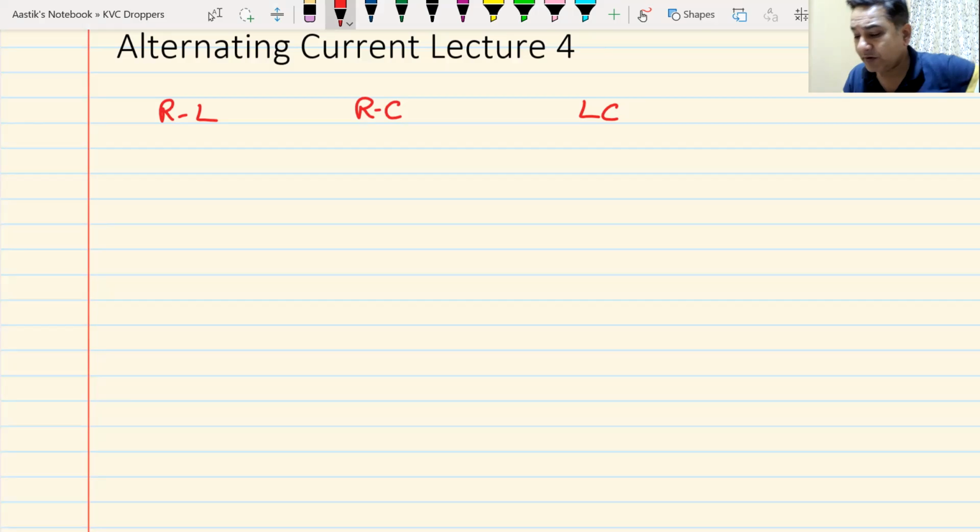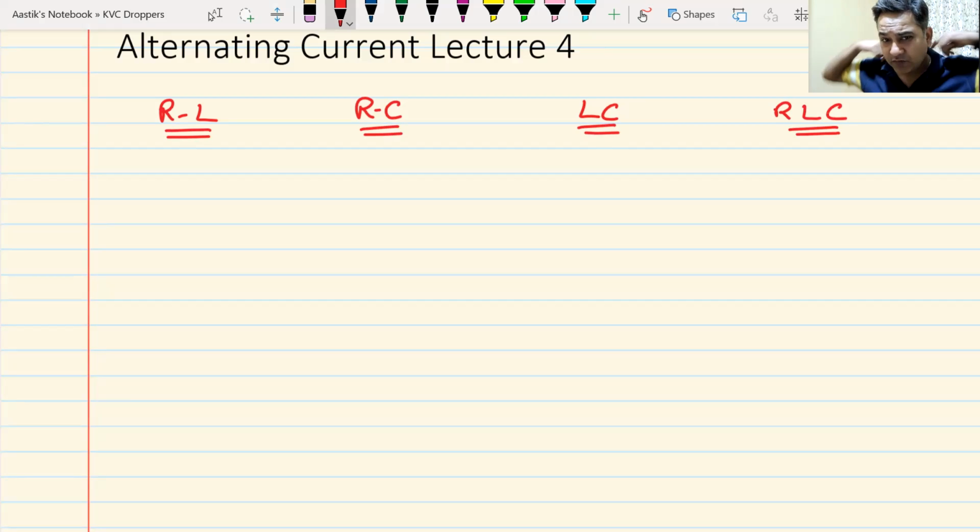Today, what we'll do is we will go on and do the LRC circuit, which would be the combination of all the three elements. But before going on to LRC, let us first go through what we were doing in the previous class.